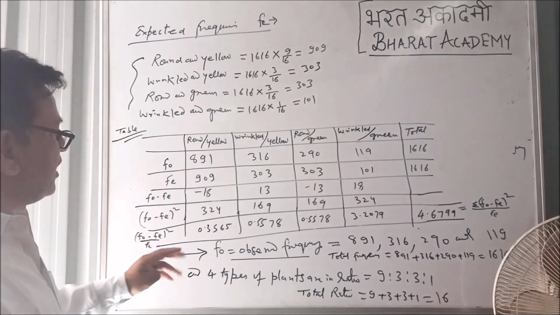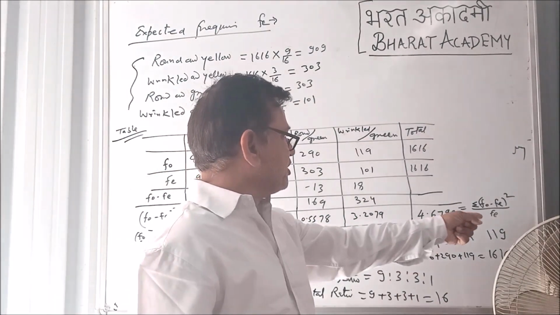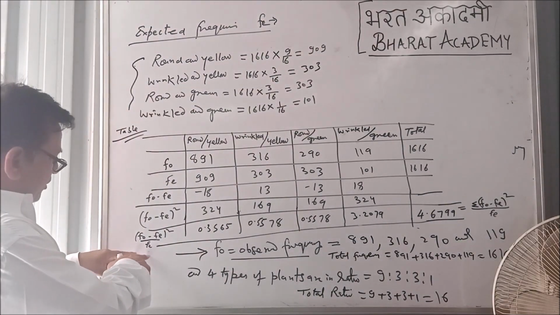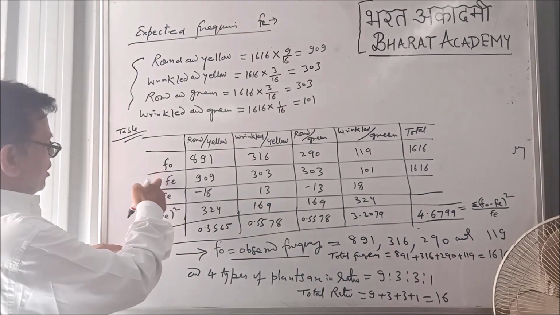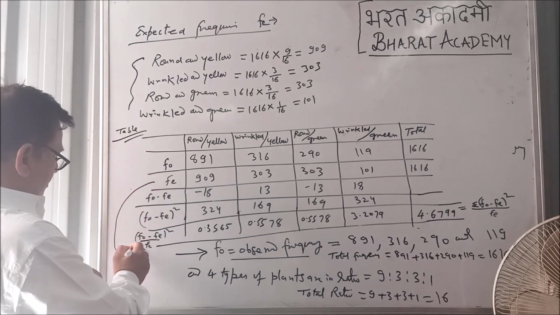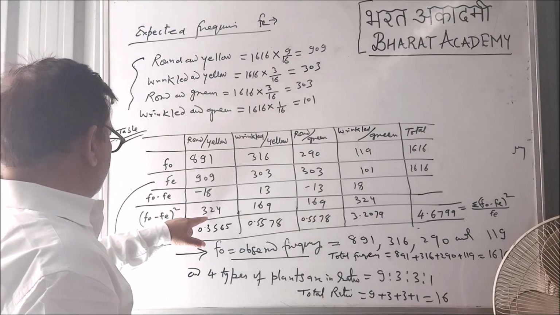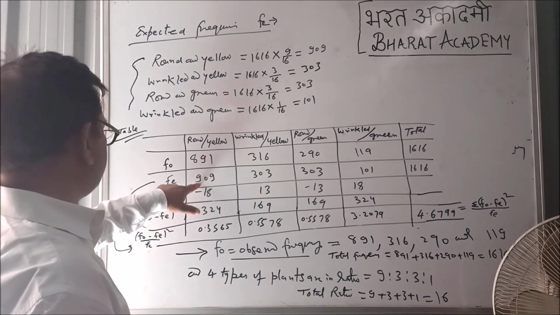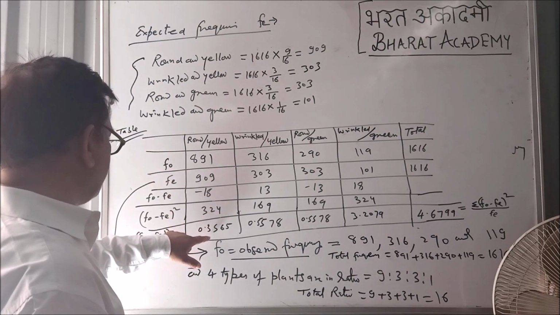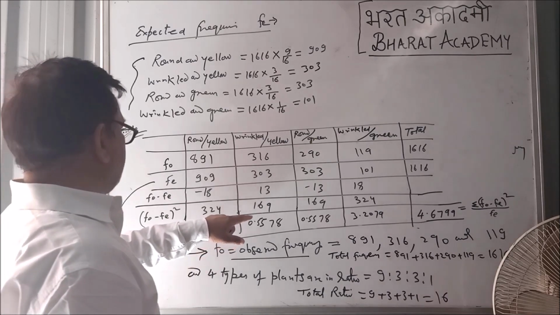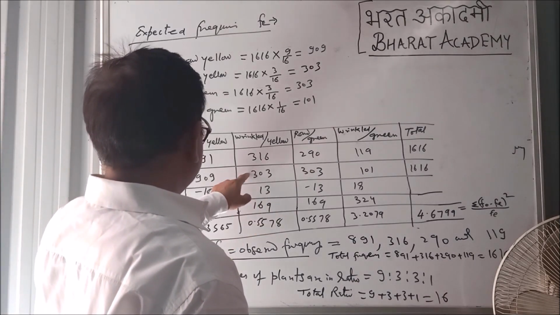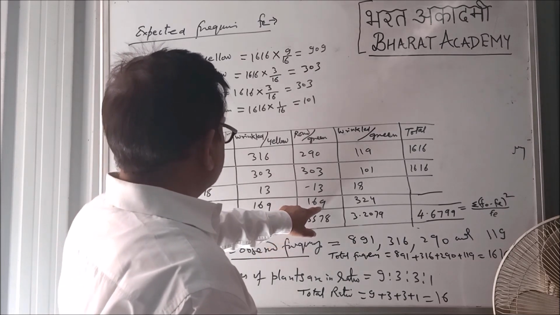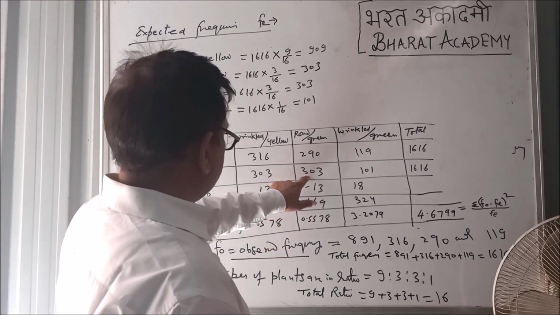Now our formula says the chi-square is summation FO minus FE its whole square upon FE. Here I have calculated FO minus FE its whole square upon FE. It will be from here 324 divided by FE. FE is our 909. It is 0.3565. Similarly, 169 divided by 303. This is 0.5578. 169 divided by FE, FE is here 303.